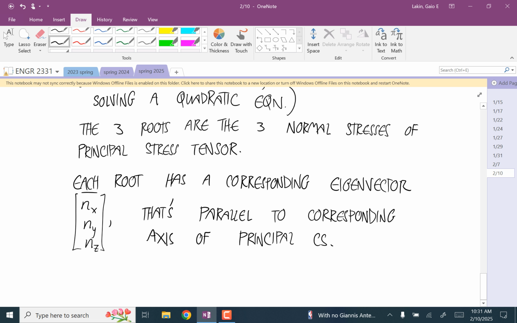So for our purposes, we pretty much just want those principal stress values. So solving for the eigenvalues is enough. But if you wanted to know what the coordinate system was that corresponded to your new principal stress tensor, you'd figure it out by finding these eigenvectors, which basically are each the outward facing normal of your face.